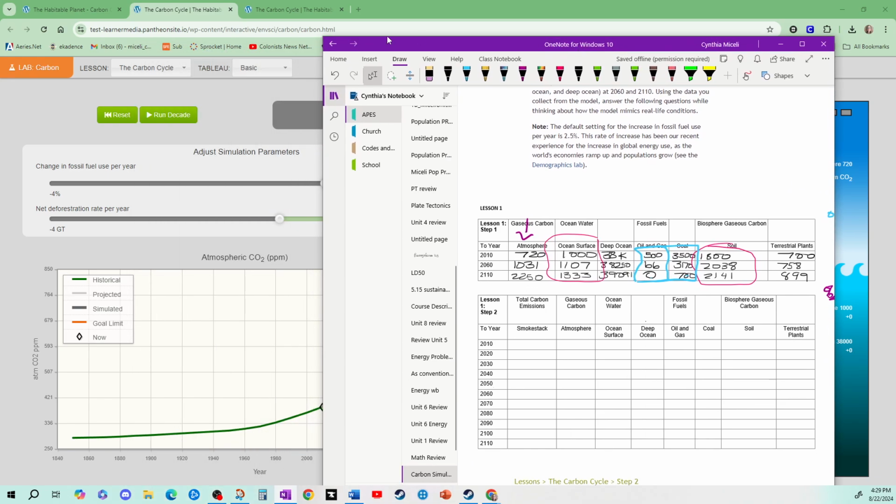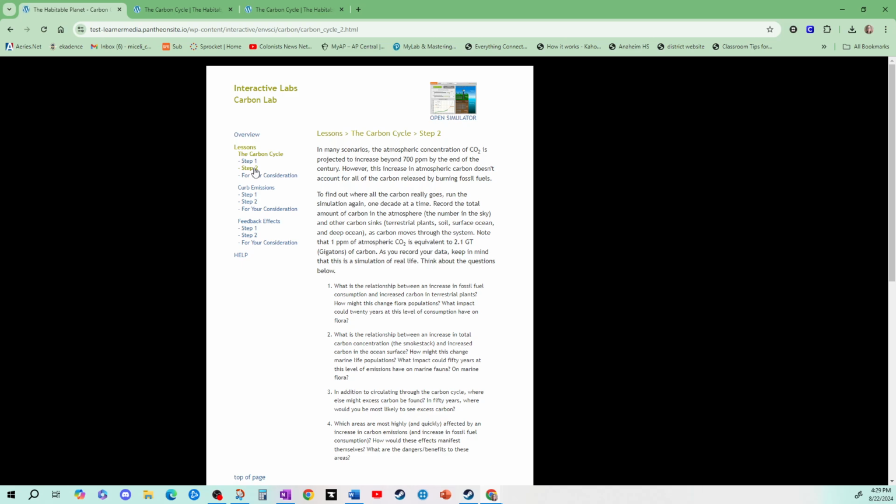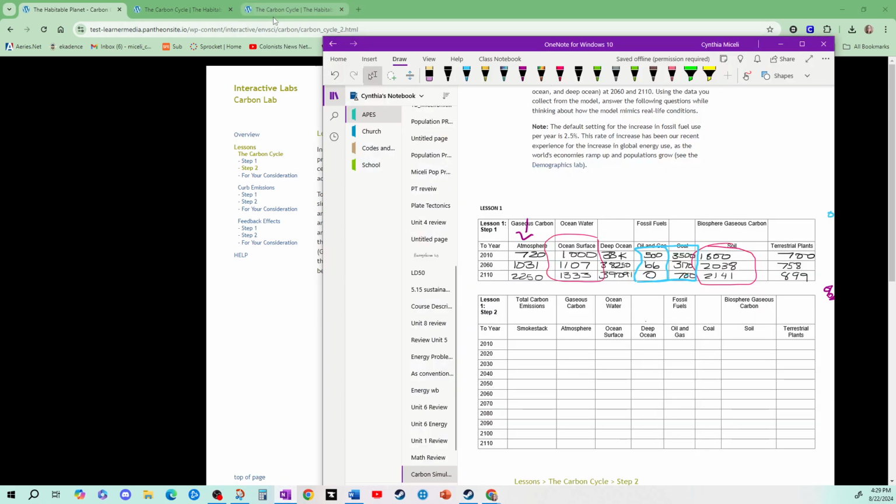And then the next part, lesson 1, step 2. So now we're going to go step by step and record all of those amounts and see where the carbon's really going 1 decade at a time. Okay, so let's go back to our simulation.